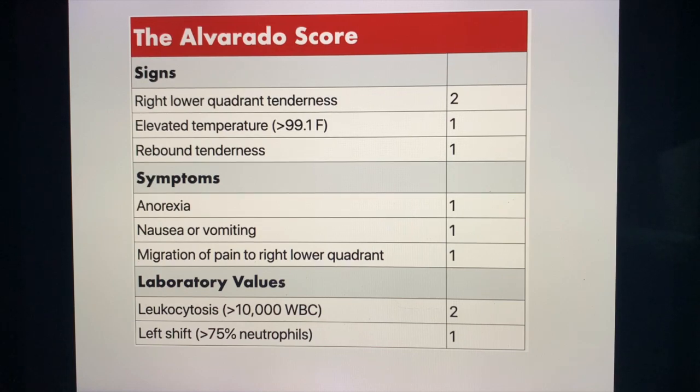Now, winding down, we have the Alvarado Score based on the signs, symptoms, and laboratory values. So take note, these are your variables: right lower quadrant tenderness, fever, rebound tenderness, symptoms of anorexia, nausea, vomiting, migration of pain to the right lower quadrant, and laboratory findings of leukocytosis, or increased WBC with predominance of neutrophils.